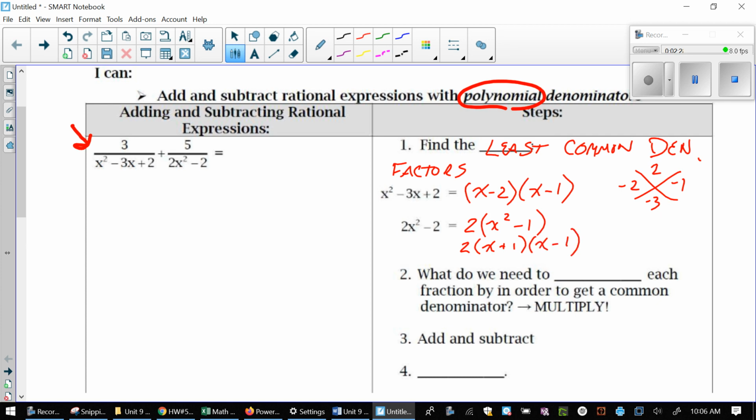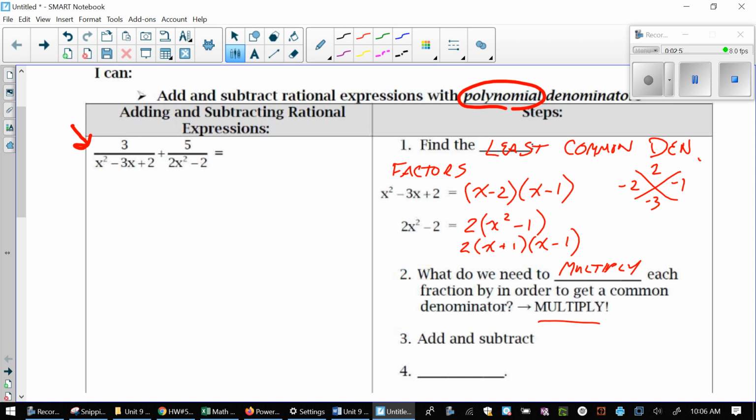All right, so now as we look at these denominators, remember each binomial or each set in parentheses is a factor, okay? So we need to make these look the same. What do we need to multiply each fraction by, just like we were doing yesterday? Except I think this is easier once you get it factored, because you're just simply looking at those factors.